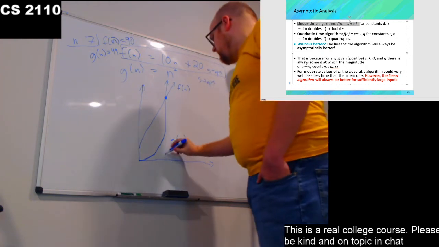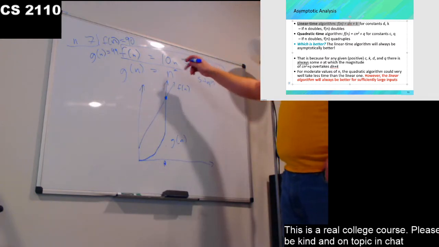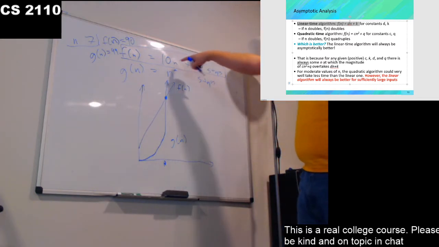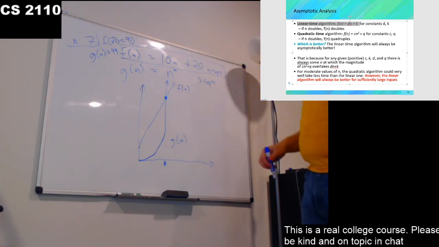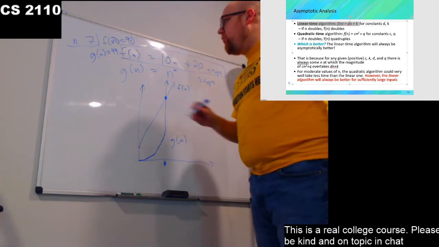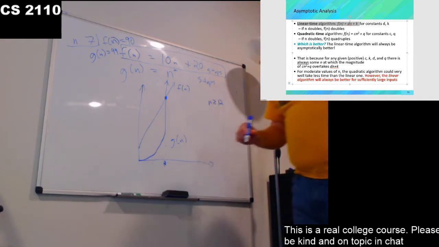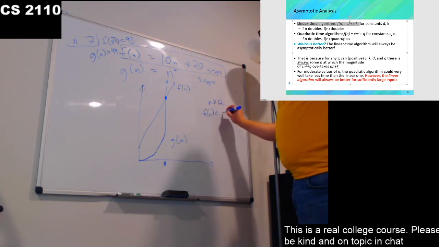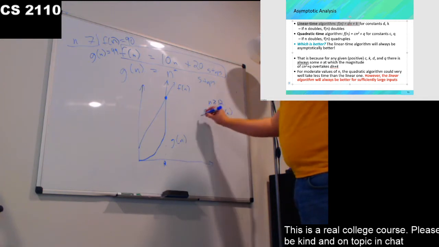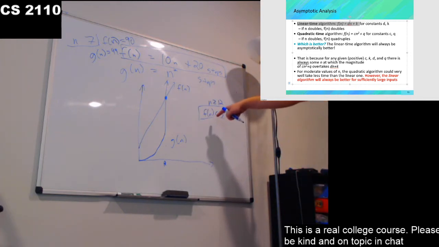At some point, so let's plug in 12. 120 plus 20 is 140 versus 144. So after 12, if n is greater than or equal to 12, then f of n is less than g of n. This is true for all values of n, from 12 to eternity.